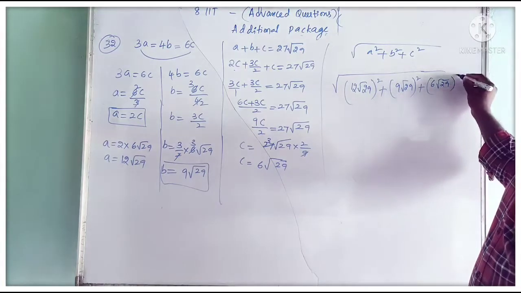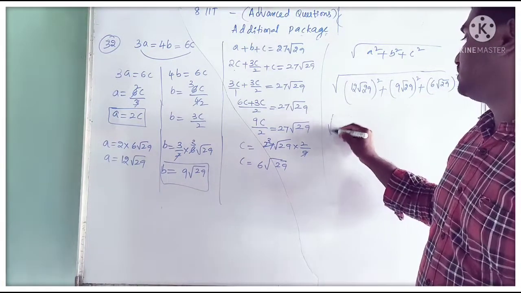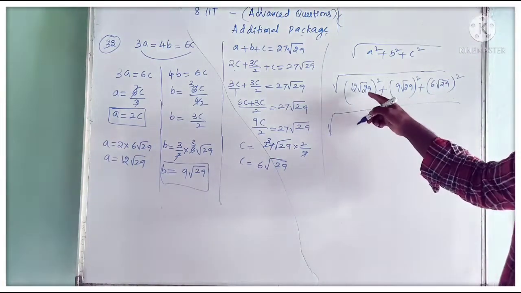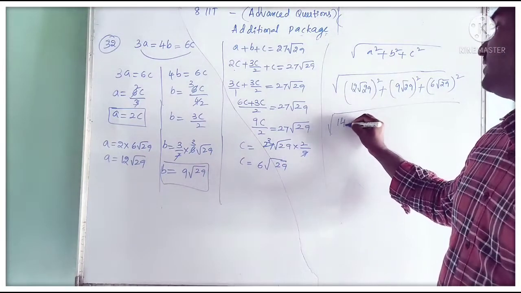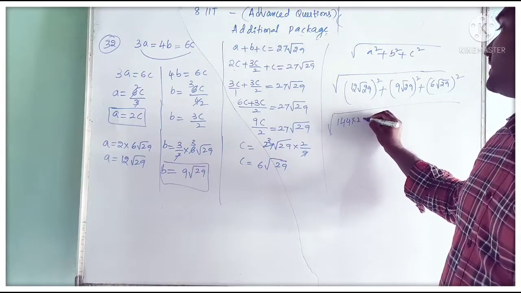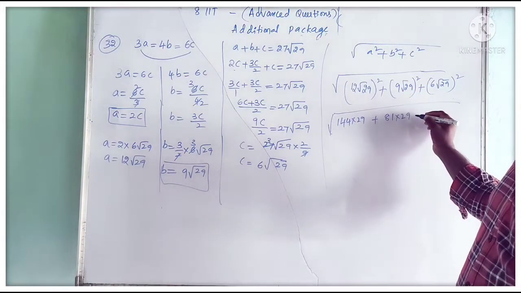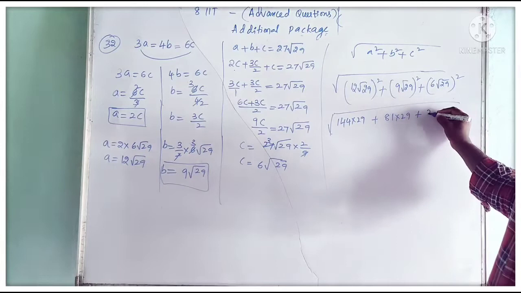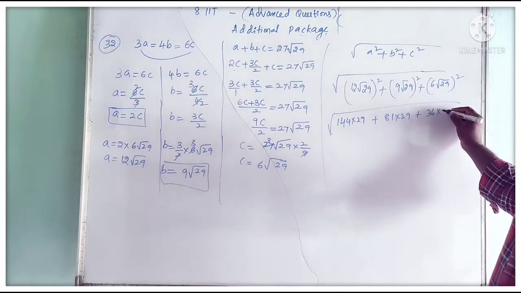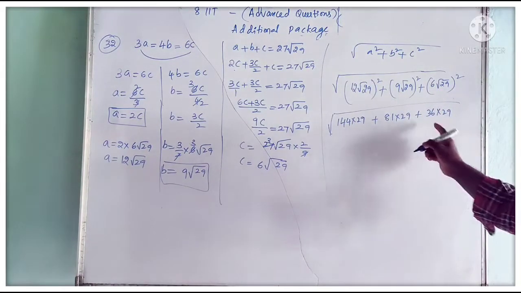So now we square root this. 12 root 29 whole square is 144 into 29, plus 9 square is 81, 81 into 29, plus 6 square is 36, into 29. So in every term 29 is common.